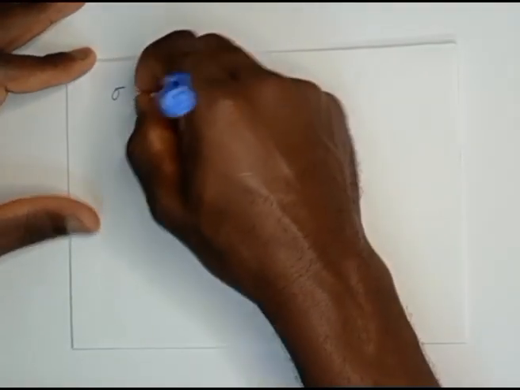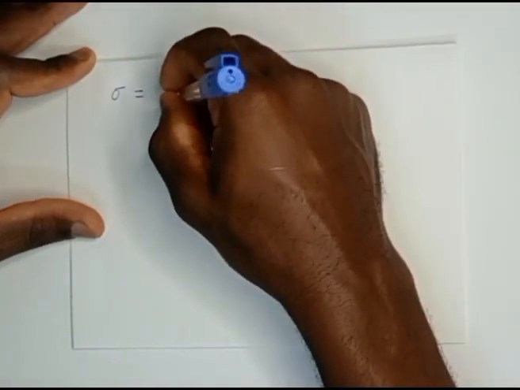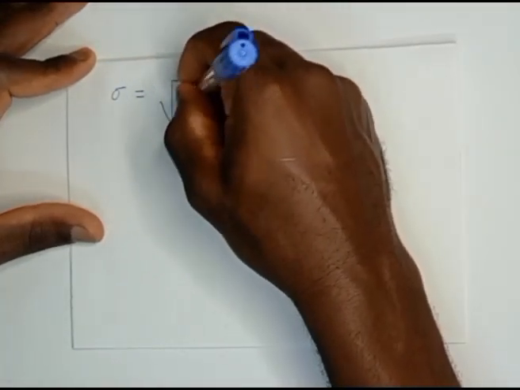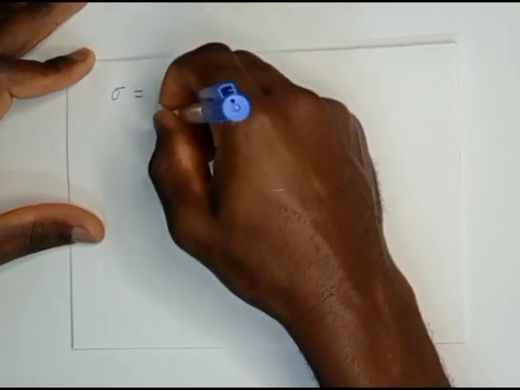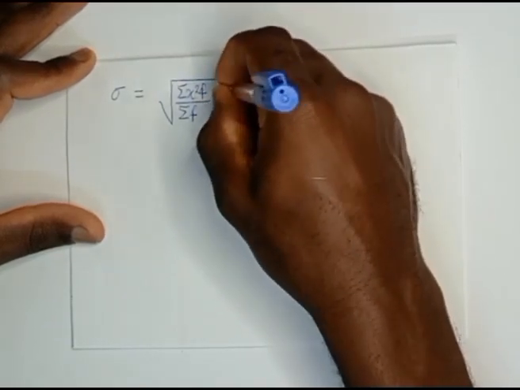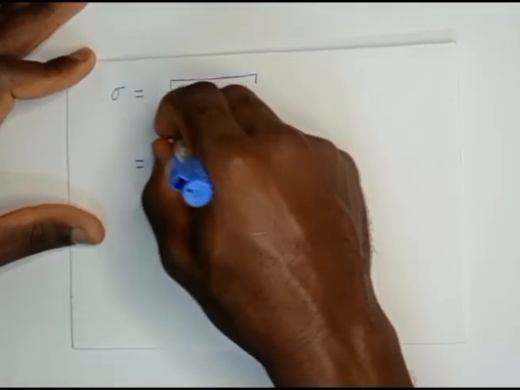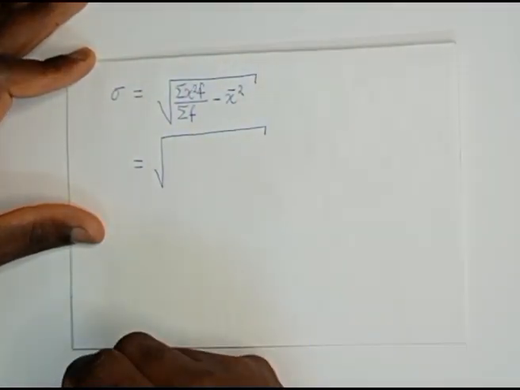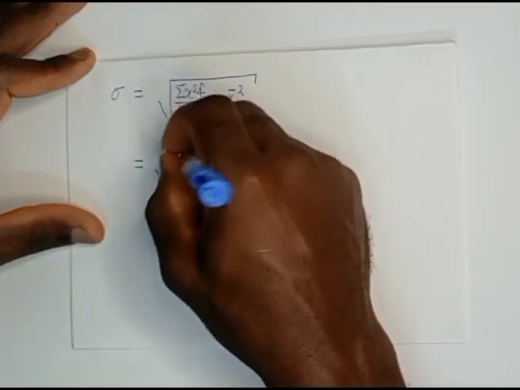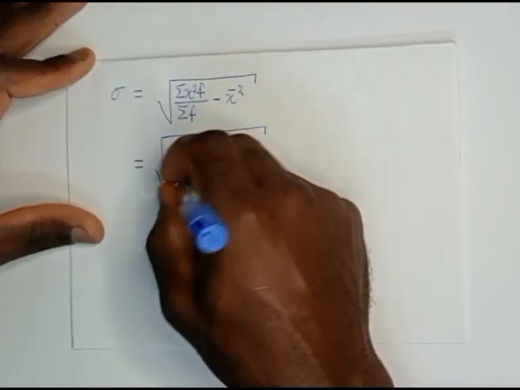Sigma is equal to the square root of summation x squared f all over summation f minus x bar squared. This will give us the square root of summation x squared f is simply equal to 17. We divide this by summation f, which is 10.